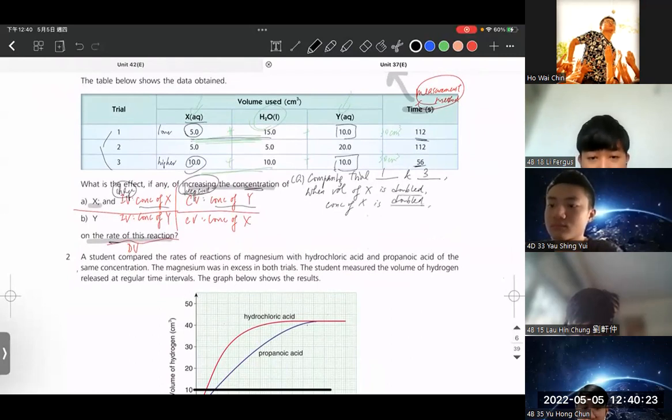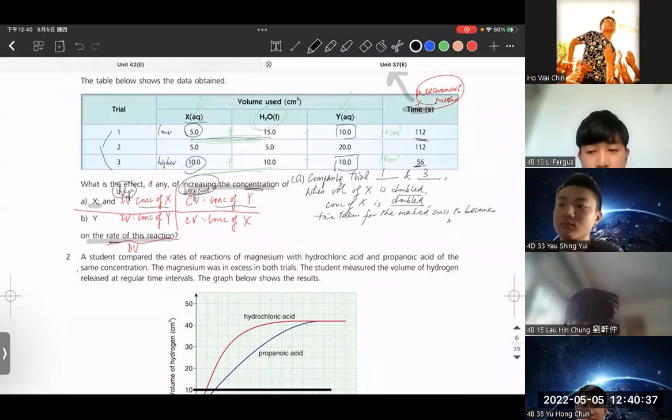So the time taken for the macros to become invisible when viewed from above, what happened to the time is halved, right?